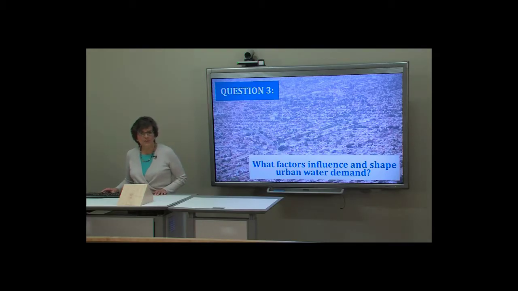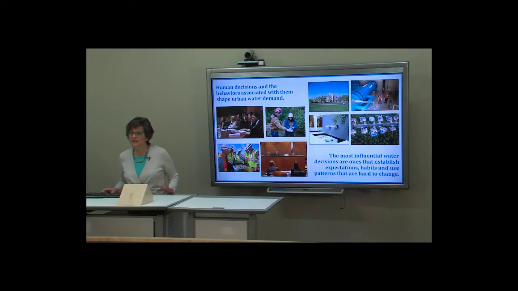So our third question here, what factors influence and shape urban water demand? Fundamentally, human decisions and the behaviors associated with them shape urban water demand. There are many kinds of decisions that we make individually or collectively, decisions that have short-term as well as long-term consequences.